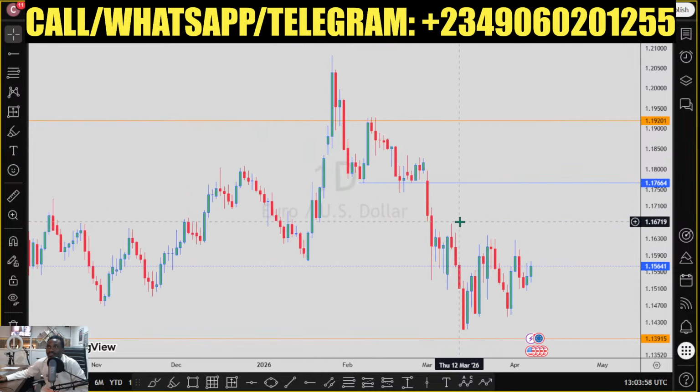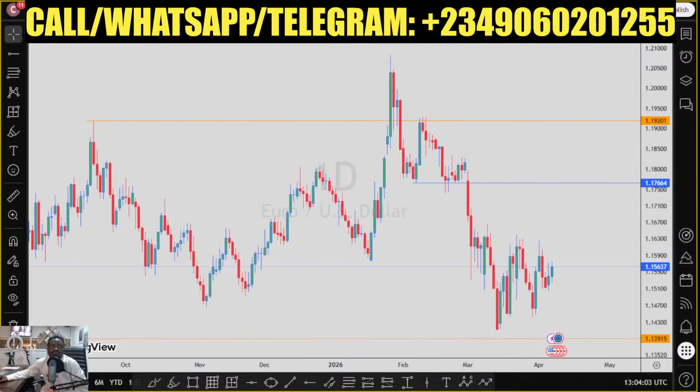Now study the day chart. What can you see? Price is pushing all the way down. That is what we can see from the day chart. You don't need any indicator to tell you this.